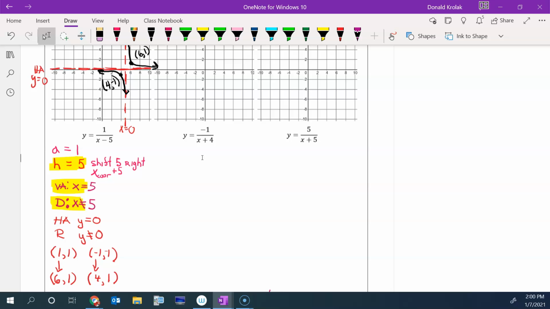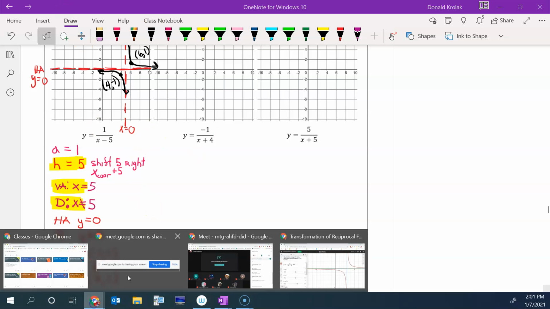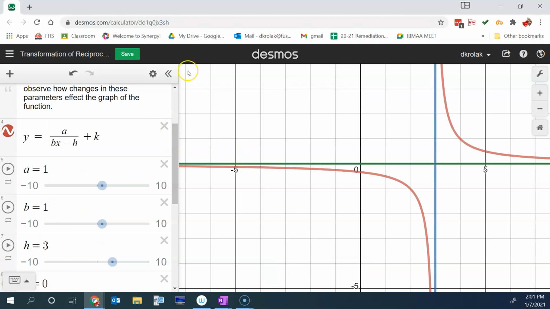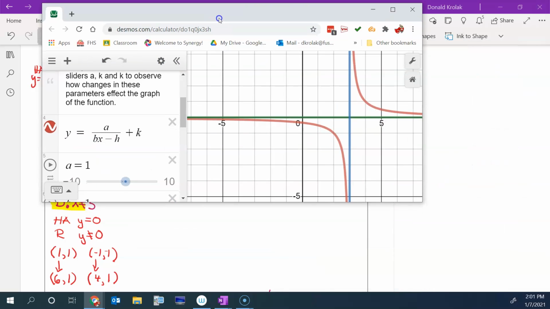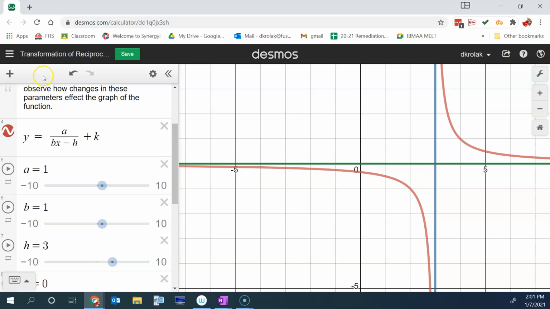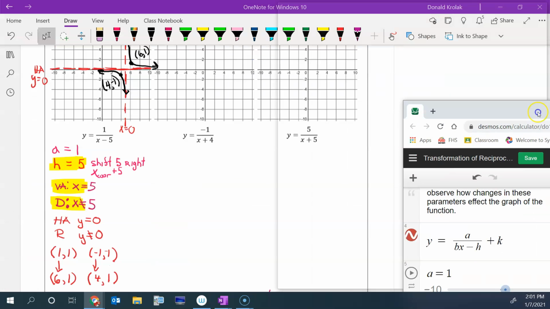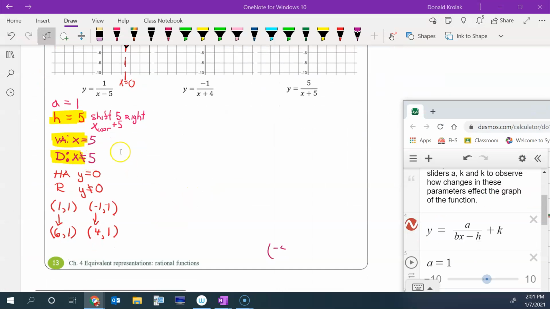All right, now on this next one, the negative 1, guys, remember, it's going to take the graph and flip it. So we got negative 1 plus 4. The domain is exactly the same as H, except it's the value, you write, it can't be 5.